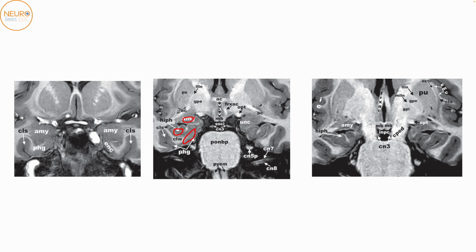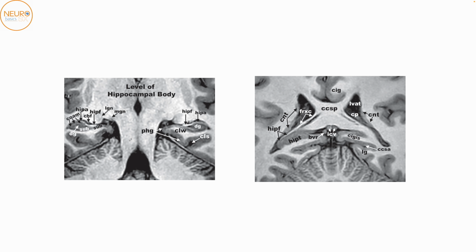The more and more posterior you go, the more and more obvious the hippocampus becomes, and your amygdala starts shrinking in size the more and more posteriorly that we go. Here, this is at the level of the hippocampal tail. So this here is the fornix arising from the hippocampus on both sides.